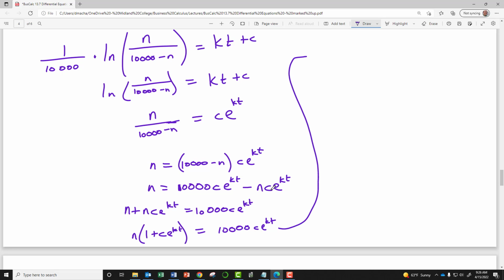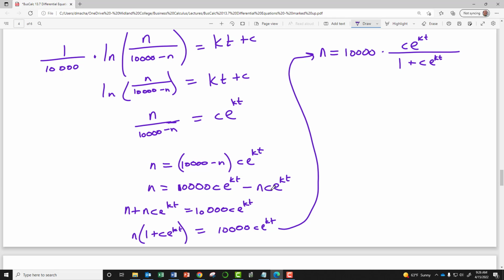And I'm running out of room, so I'll go back up here. On both sides, I'll divide by 1 plus ce to the kt. I get n is equal to 10,000 times ce to the kt divided by 1 plus ce to the kt.